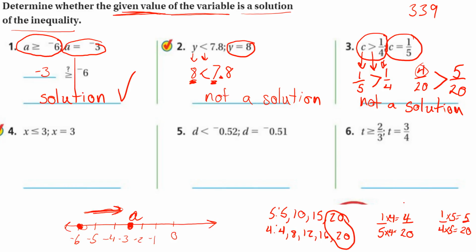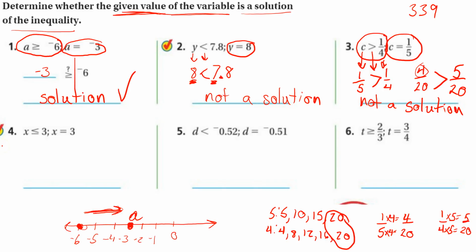And then to convert 1/5 to 20ths, I had to multiply the numerator and the denominator both by 4. And that's how I got the 4/20. So I can show you exactly how I got each number. Okay, don't erase your work, just get more scratch paper.